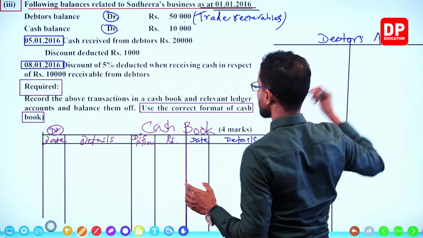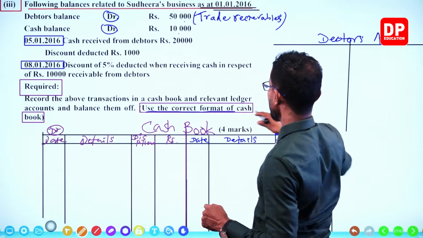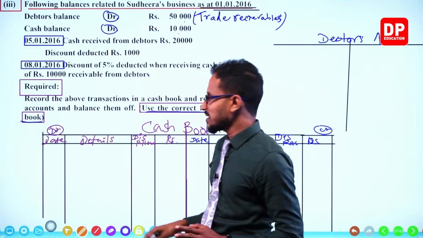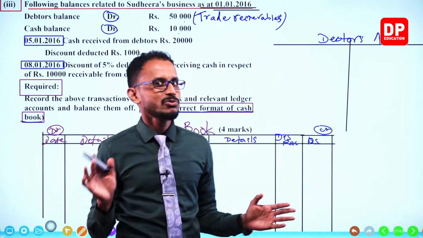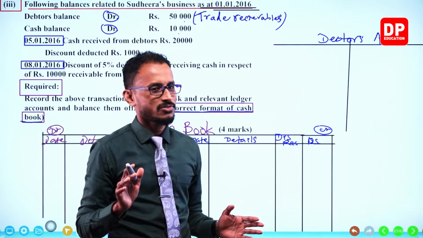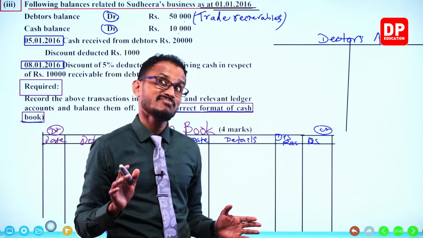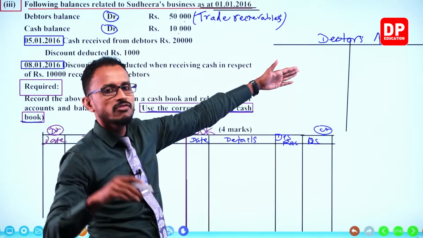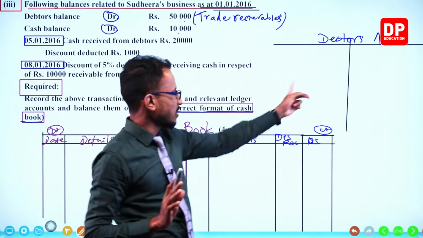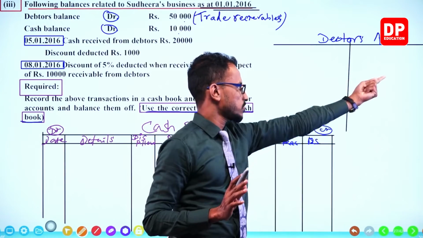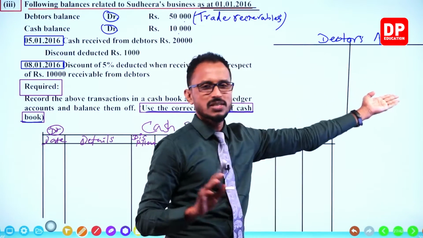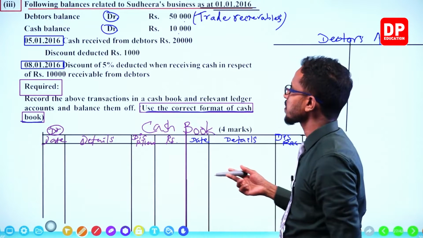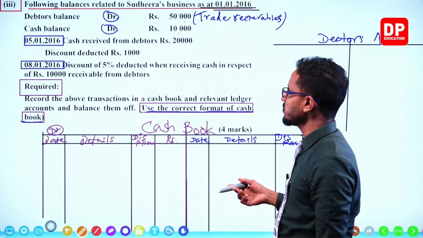They have mentioned the correct format of the cash book, but they haven't mentioned it for ledger accounts. But if you draw the correct format, I advise you that is better. I'm not going to draw the columns because of space, and I'm going to make it quick.